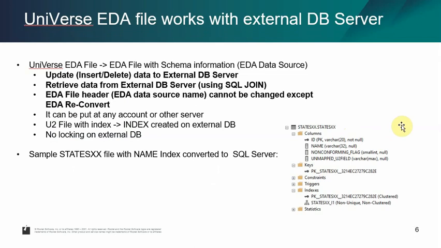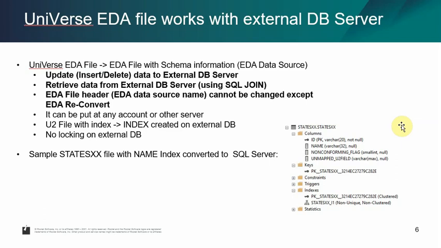So, how does UniVerse EDA work with an external database? Basically, you need to use a connection with the EDA Schema Manager tool and create what is called an EDA data source. When you update or delete data on the U2 side, it automatically updates the external database.